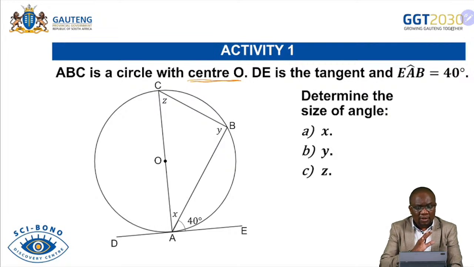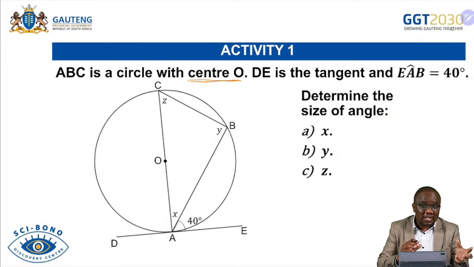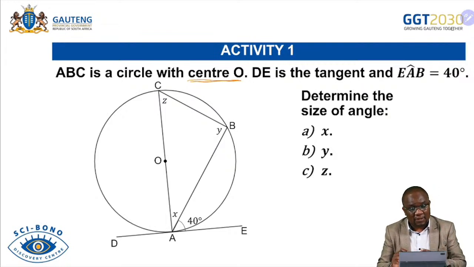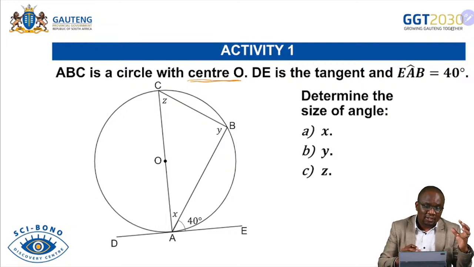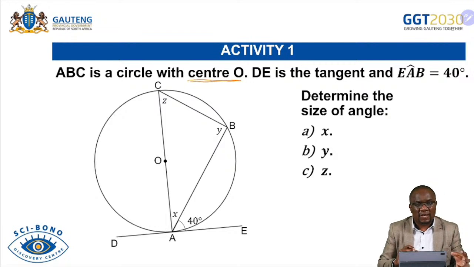I don't want you to use the tan chord theorem for now, since I haven't taught it yet. Use the center theorems and the tangent perpendicular to radius. Then I want you to observe something.